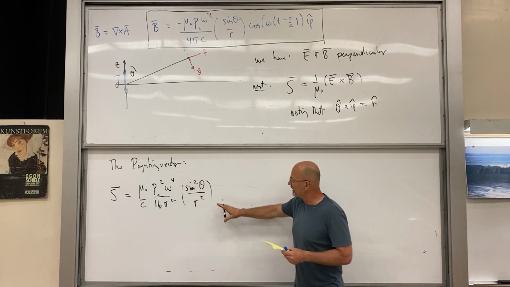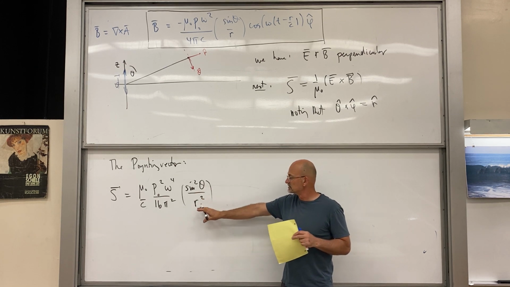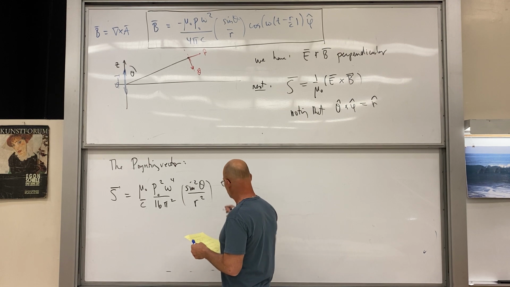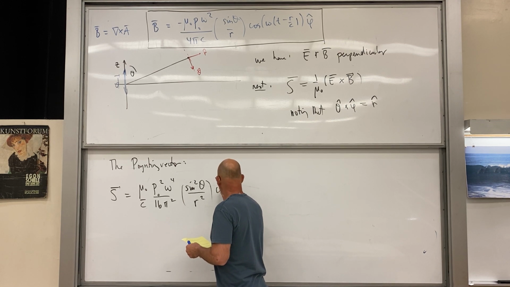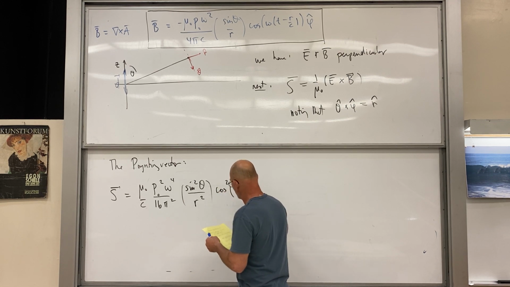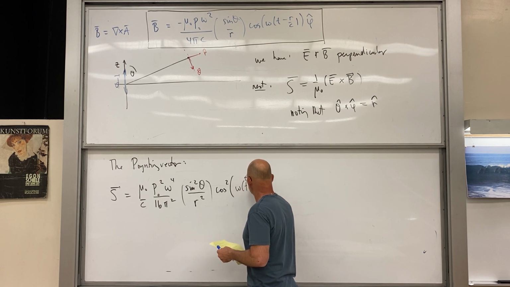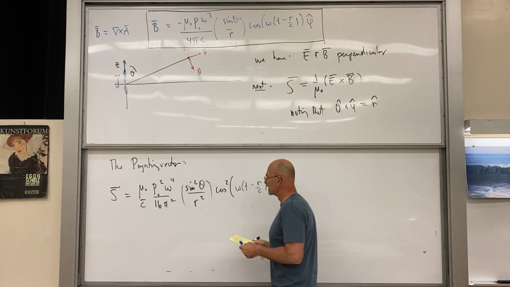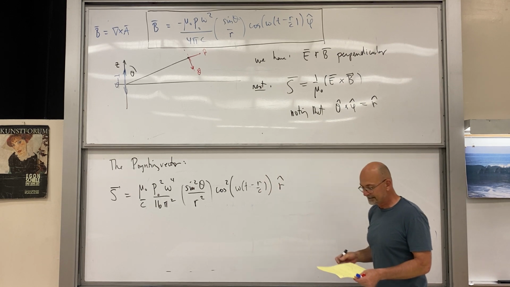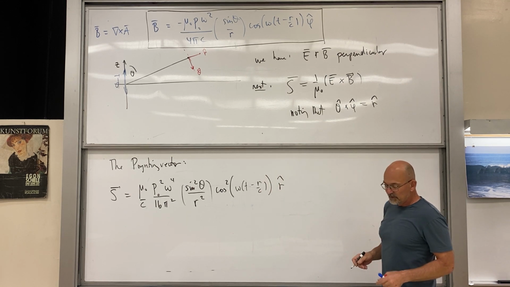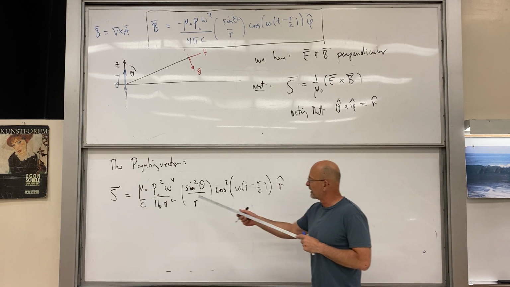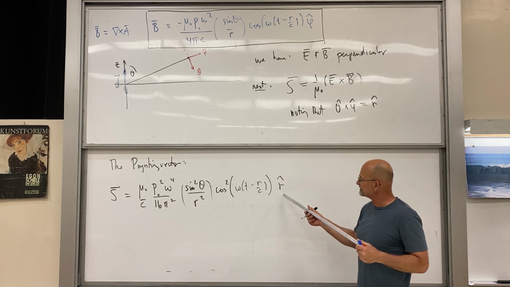And we see when we integrate this over, at great distance r, that's going to be finite. That's what we had to have. Cosine squared omega (t minus r over c), r hat. So there's our energy flux.